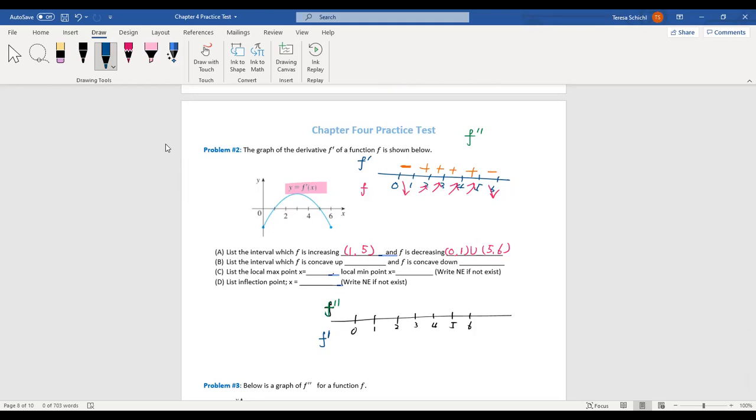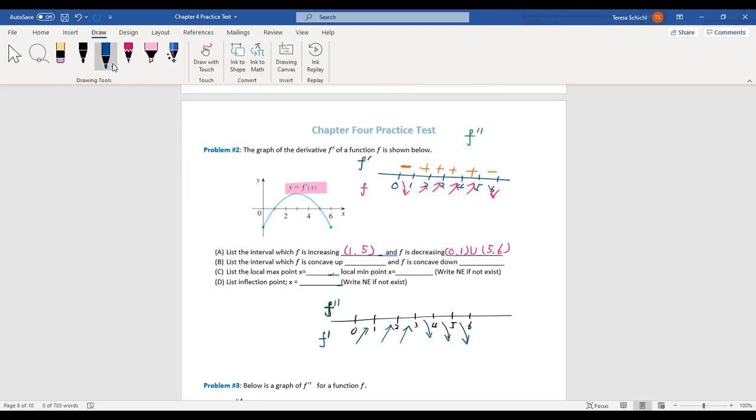Now f prime is increasing from 0 to 3, so increasing, increasing, increasing. And then after 3, f prime becomes decreasing, decreasing, decreasing.